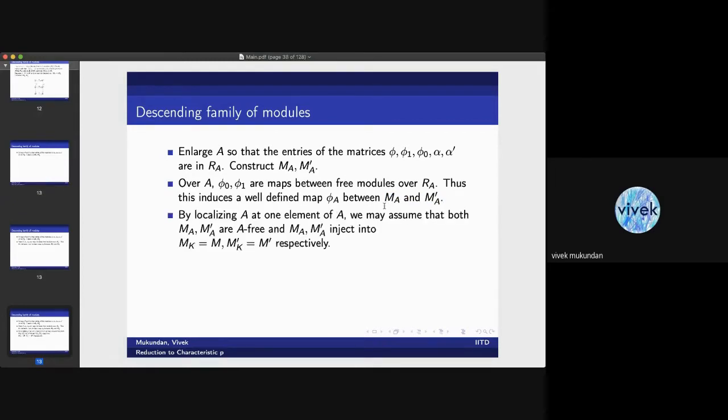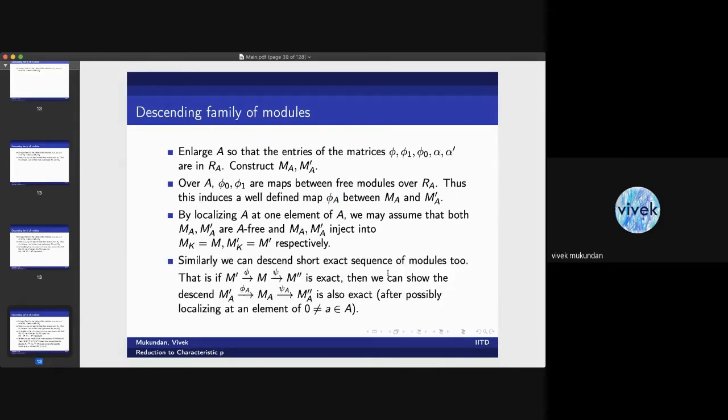Okay, and you can localize at one element to make sure that M_A and M_A prime are all free, and both M_A and M_A prime inject into M and M prime respectively. It's something which you can get because of the descent data. So the important part is, even maps between modules can be descended down to the A level.